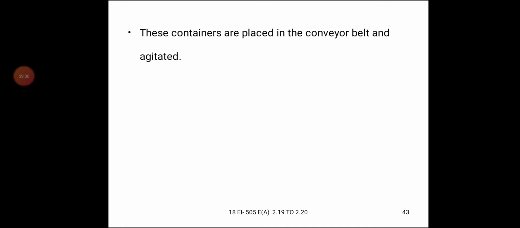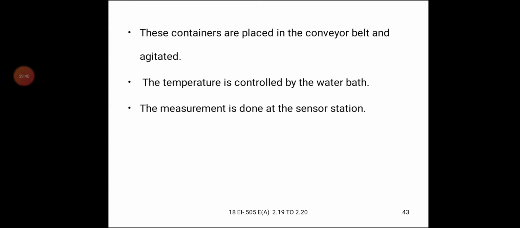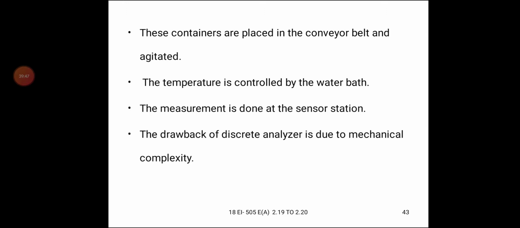The discrete analyzer containers are placed on the conveyor belt and agitated. The temperature is controlled by a water bath. The measurement is done at the sensor station. The drawback of the discrete analyzer is its mechanical complexity.